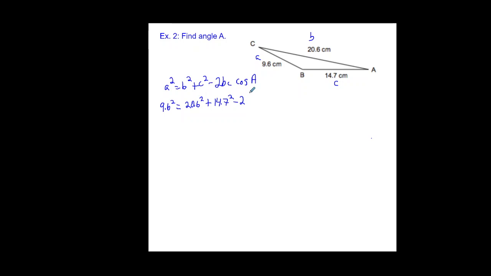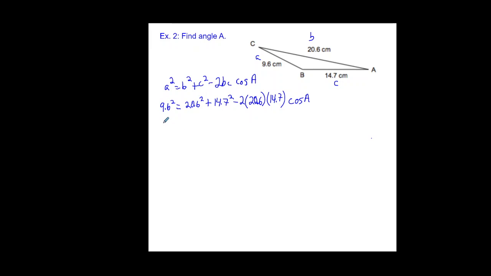So 2 times b, which is 20.6, and then C is 14.7. And then we don't know what cos A is, but we can't just drop it. We're going to keep it there. In fact, that's what we're trying to find. Same equation, and now we just need to find a different part of it. And so we'll just work our way through this methodically.